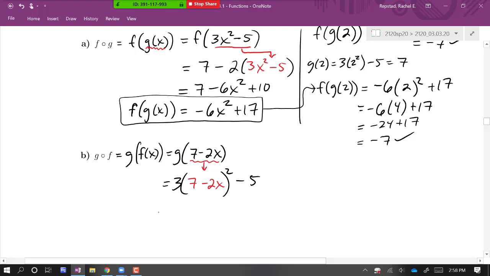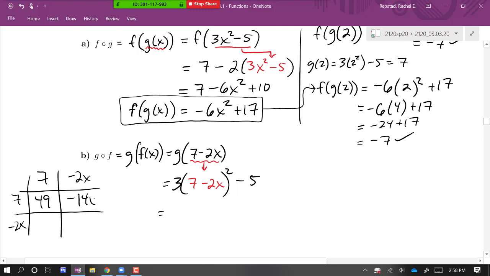What do we have to do algebraically here to simplify? Foil, yeah. So we're going to foil this out. I'm going to make the little table here. So 49 minus 14x minus 14x plus 4x squared. So we get 3 times 4x squared minus 28x plus 49, minus 5.